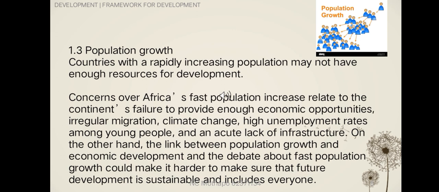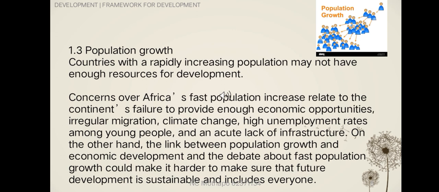The third factor that we're going to be looking at is population growth. Countries with a rapidly increasing population may not have enough resources for development. Concerns over Africa's fast population increase relate to the continent's failure to provide enough economic opportunities, irregular migration, climate change, high unemployment rates among young people, and an acute lack of infrastructure.